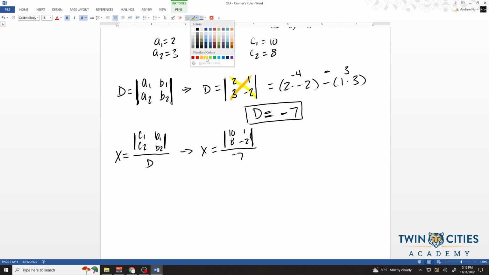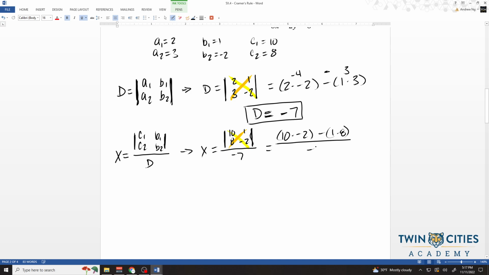Okay, let's find the determinant of our numerator, 10 times negative 2, and I'm going to subtract 1 times 8. So this will be 10 times negative 2 minus 1 times 8 over negative 7.